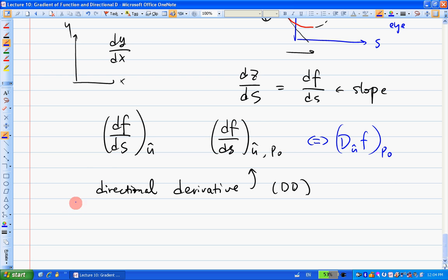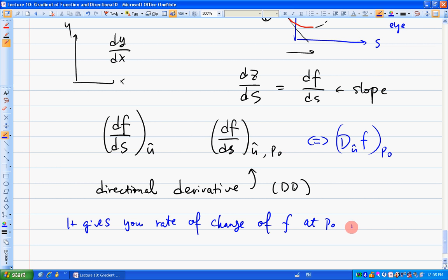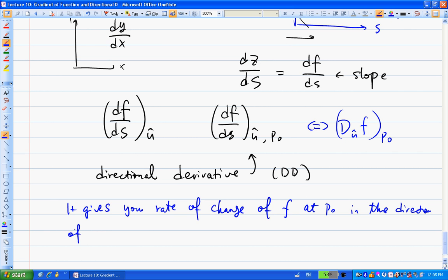So in other words, the physical meaning, basically what it says is, what does it give? It gives you the rate of change of f at the p naught in the direction of u hat.